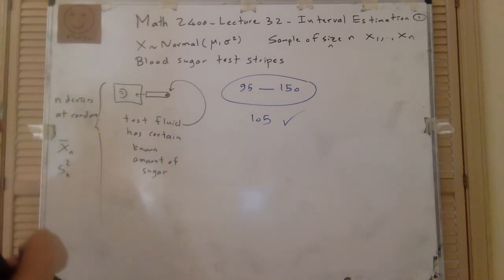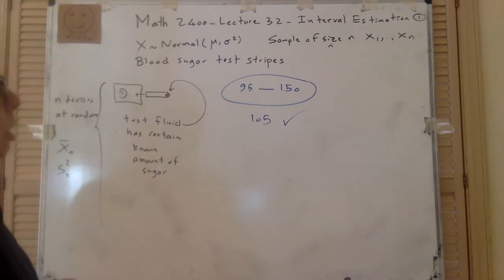This is the X bar N of the reading, and this is S squared N of the reading on the device. Then using this, they found 95 to 150. Now, I didn't see the confidence level; that alpha is sometimes called the confidence level, or they say at level alpha, or 1 minus alpha times 100. I can't remember if any level was written.